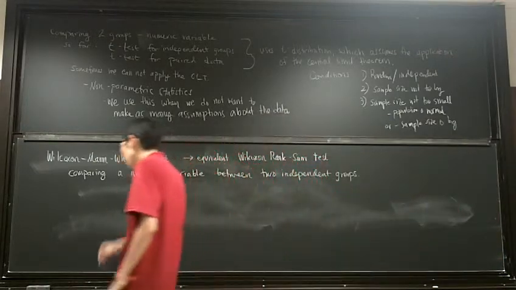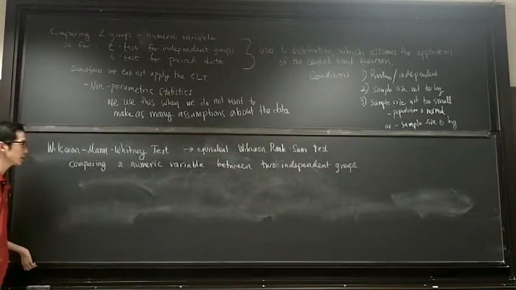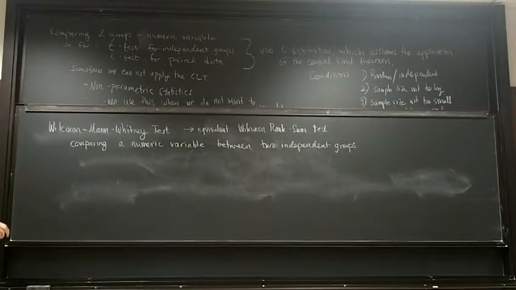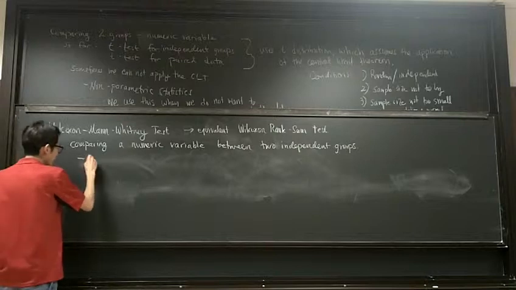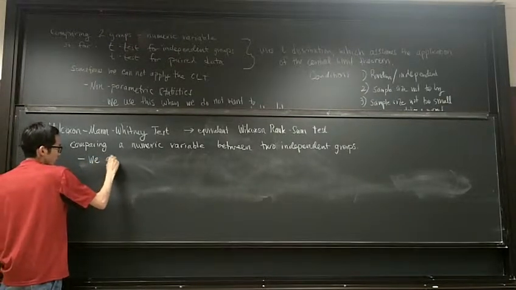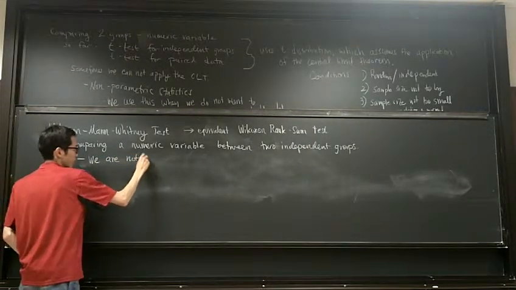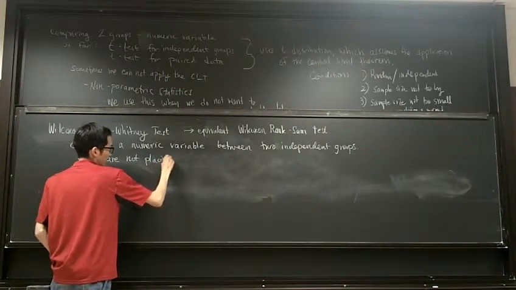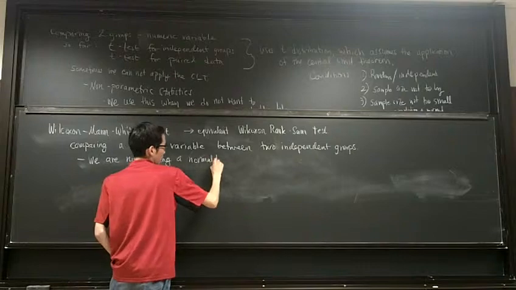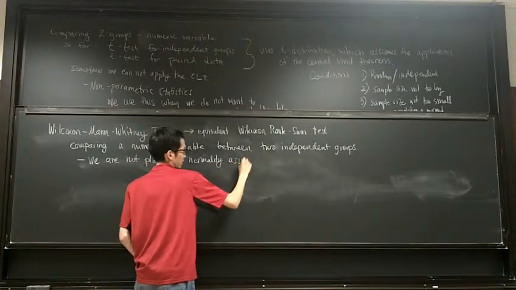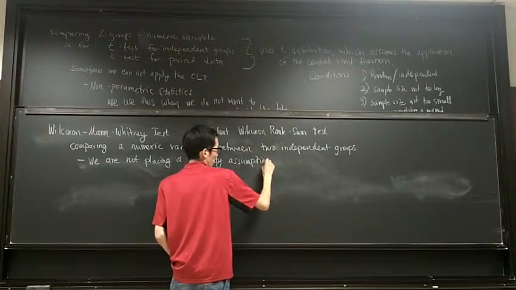Okay? But here we're not doing that. So we're comparing a numeric variable between two independent groups. This doesn't work for paired groups. Okay, and again, we are not placing any normality assumptions on the data.